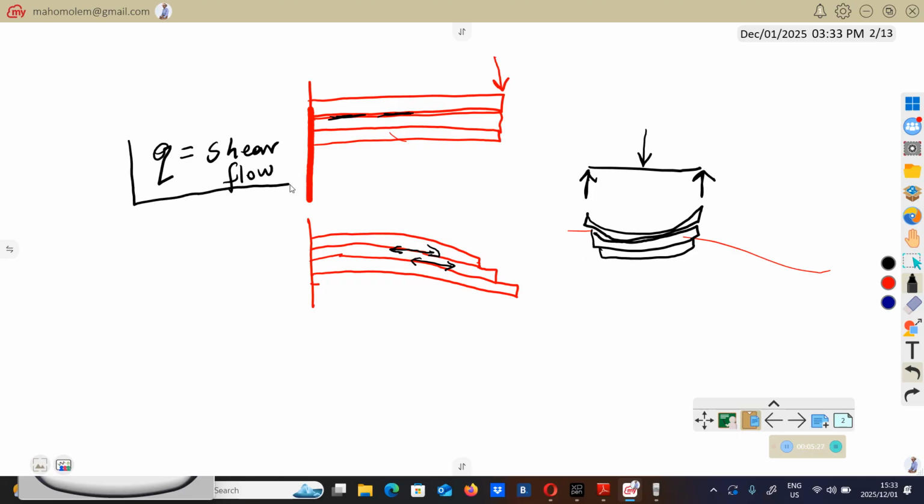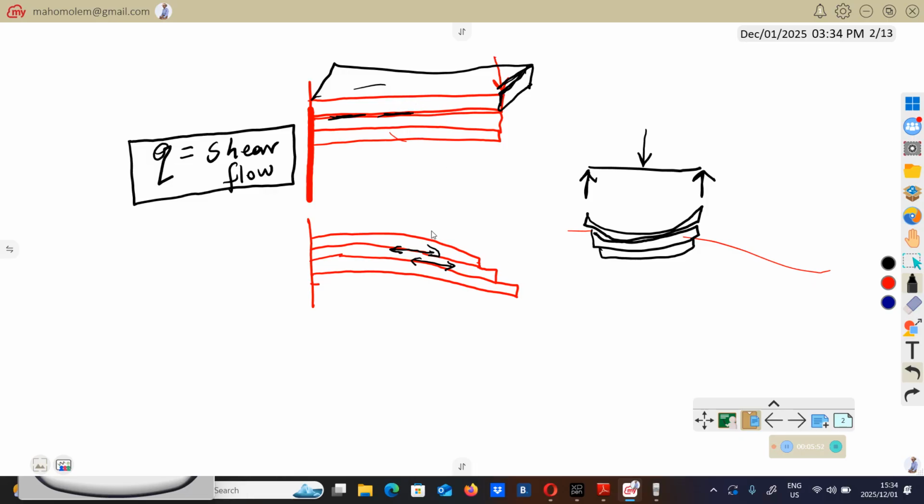So what is the shear flow? The shear flow is just the shear force that we find per meter length, for 1 meter length. In other words, the shear flow gives you the magnitude of the force that you are going to find on this beam having a length of 1 meter.